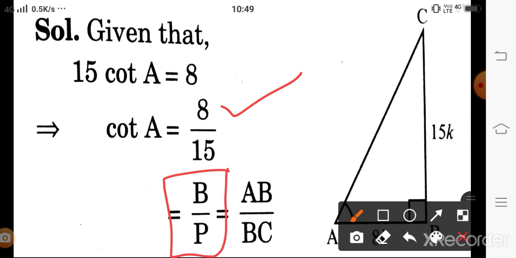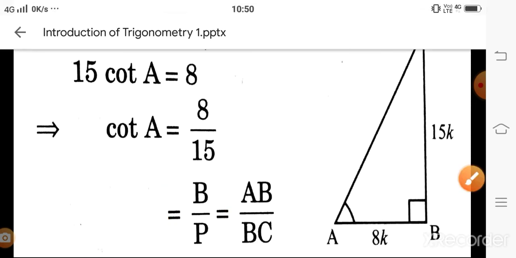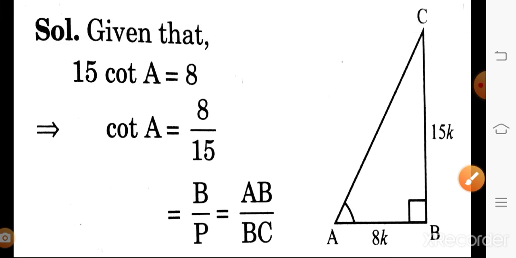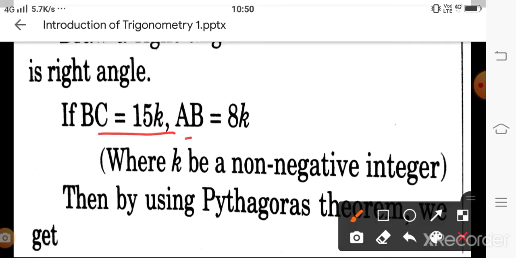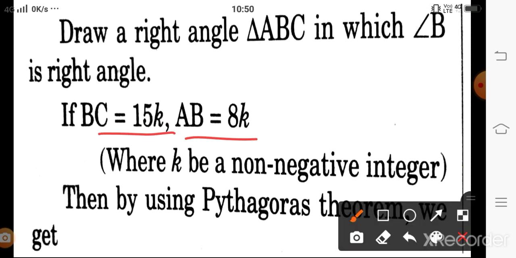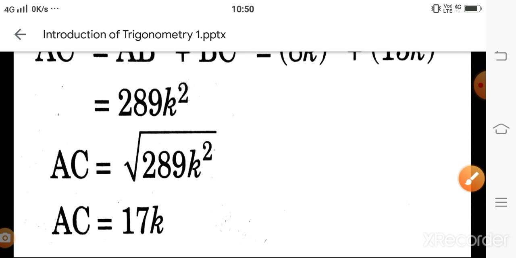According to the given diagram, the base is 8k and the perpendicular is 15k. Then by using the Pythagoras theorem we are able to find AC. Putting BC as 15k and AB as 8k, let us find that value.